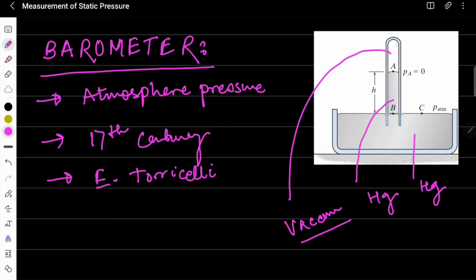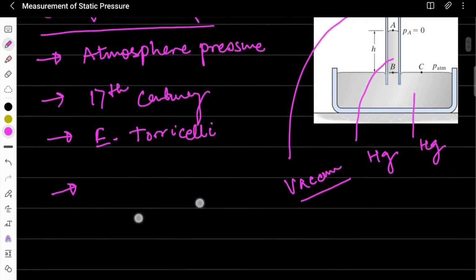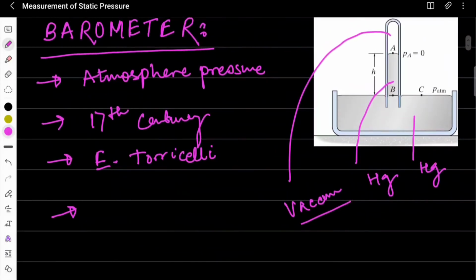Due to this vacuum, a very small vapor pressure is created. There is one benefit of using mercury for this kind of measurement device, which is used for the measurement of atmospheric pressure: the vapor pressure generated here when the glass tube is made upside down will be very low.